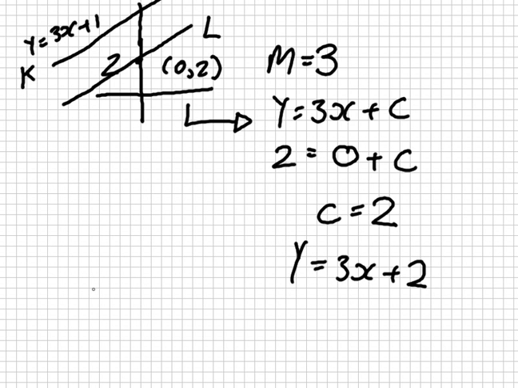Okay, now the next one's a little bit trickier. So, for the next one, the B part, the line K intersects the x-axis at 3. So there's K, and now it's perpendicular to this line. I'll just draw it up here.